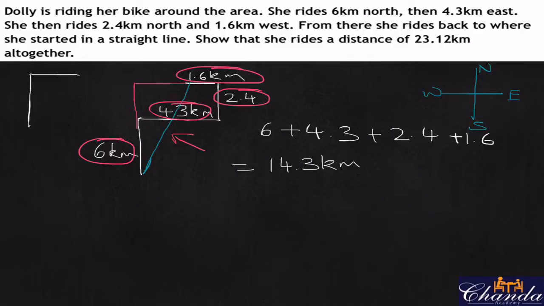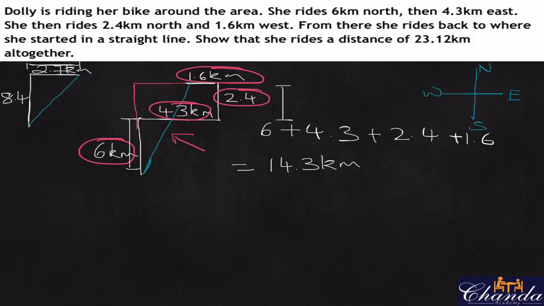We have 6 kilometers this way, and then another 2.4 kilometers north, so this part will be 8.4. This part here would be the difference between the distance that you traveled east, which is 4.3, and the distance that you traveled back west, 1.6. So 4.3 minus 1.6 gives us 2.7 kilometers.